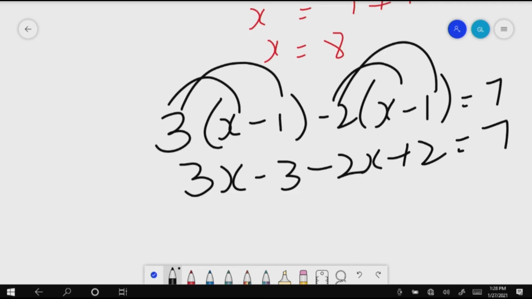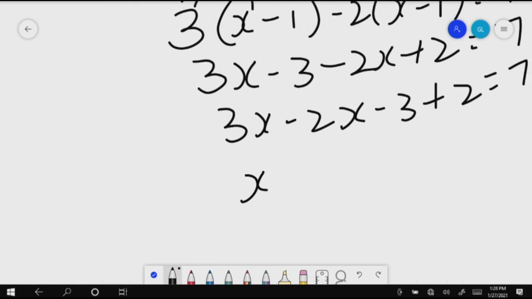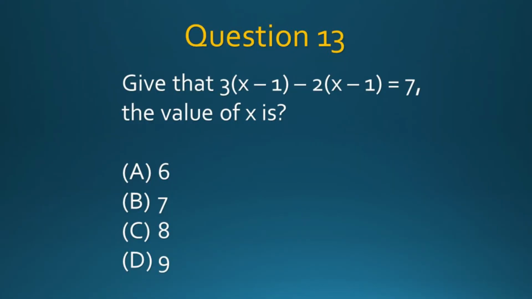Grouping the like terms, we have 3x minus 2x minus 3 plus 2 equals 7. x minus 1 equals 7. x is equal to 7 plus 1. x is equal to 8. So whichever method you use, it's left to you, but it's very interesting to know that you need to identify what is common and what is not.